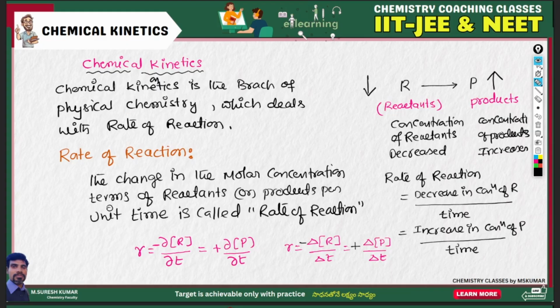It is also equal to the increase in concentration of product, so plus Δ molar concentration of P by Δt. This is the mathematical expression for rate of reaction. I hope you all understand, right?